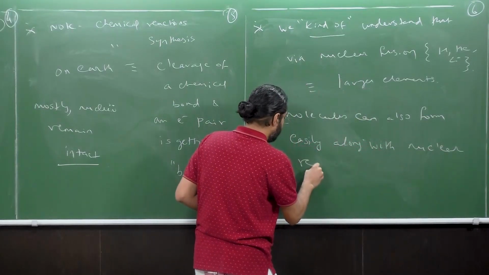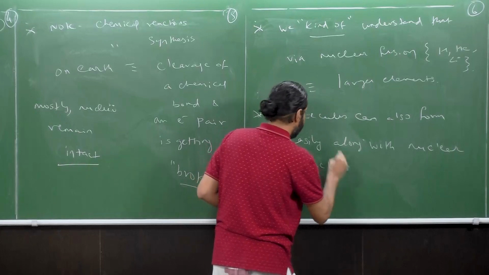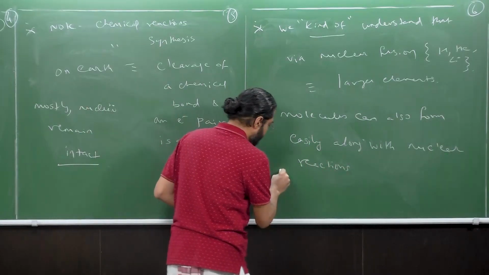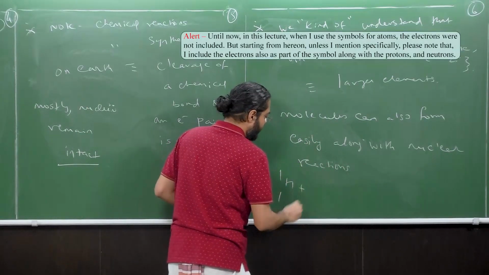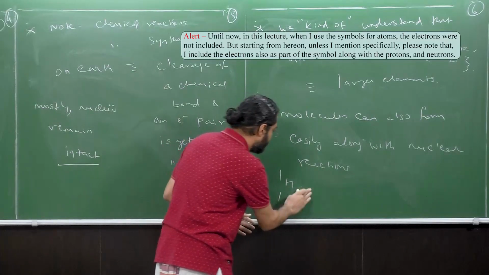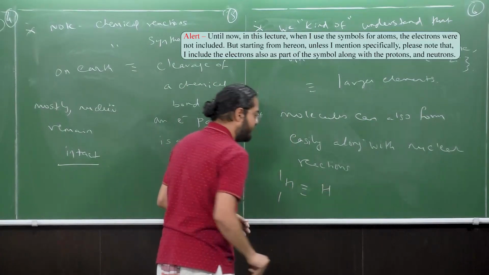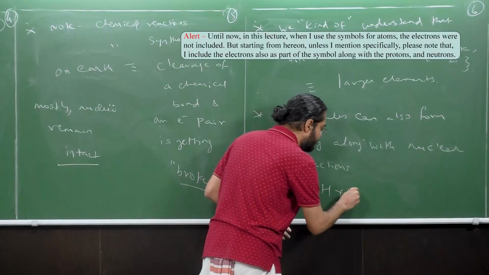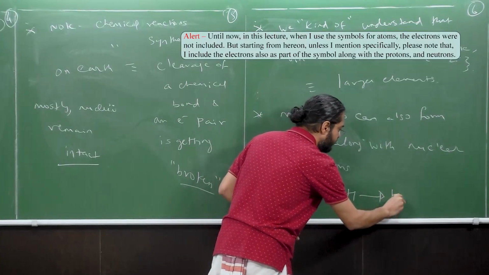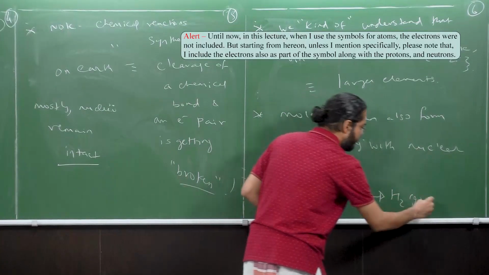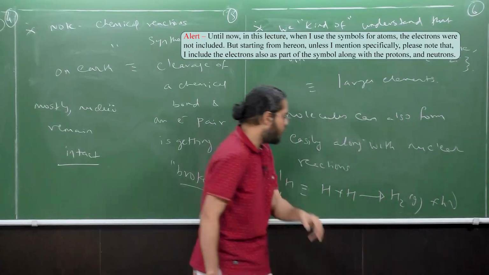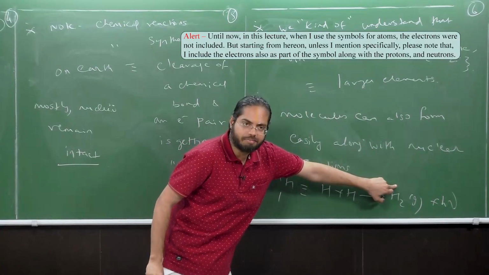Nuclear reactions. For example, you take 1H1, right? And when this 1H1, which we colloquially represent as hydrogen itself, combines with another hydrogen atom, we can always form H2, correct?